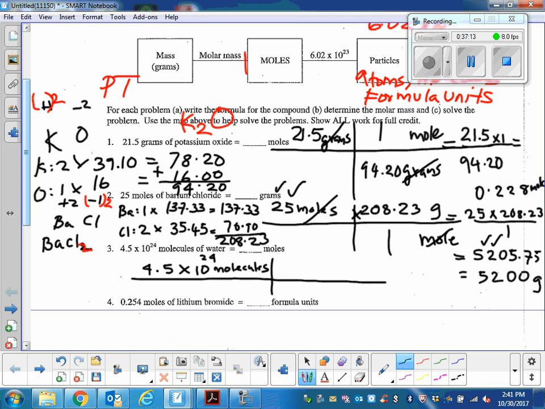So what do I bring down, guys? What should I cancel out? Molecules. And what goes on top? Moles. What is the number before moles? 1.